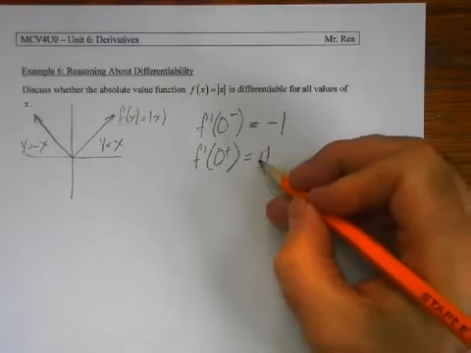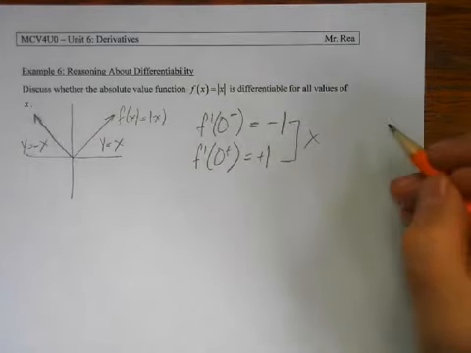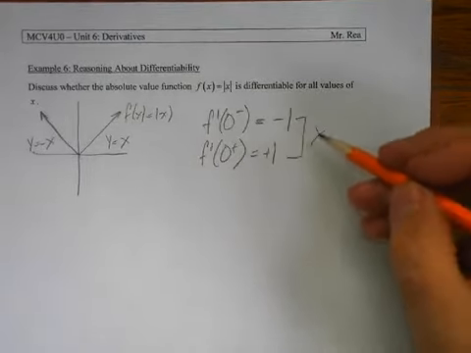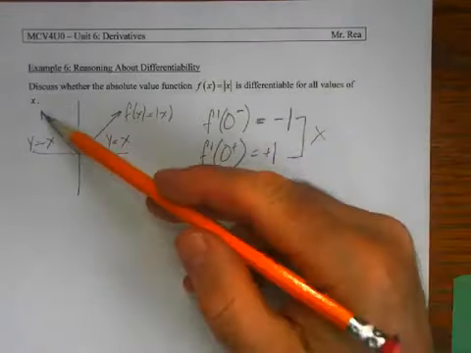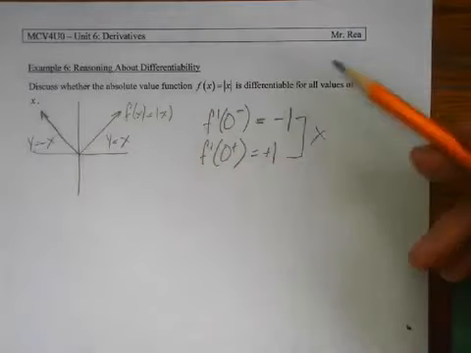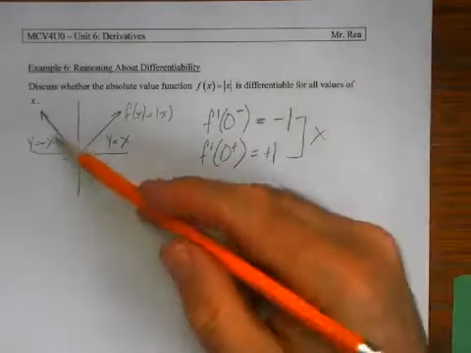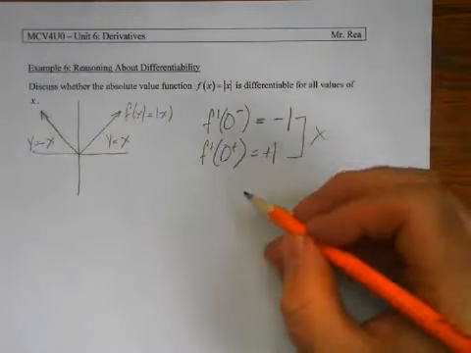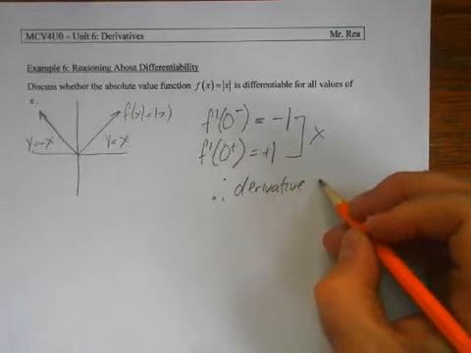So we're doing almost the same thing we did with limits, but it's not the same, because you would say the limit exists, but in this case the derivative does not exist because the derivatives aren't approaching the same value from both sides. So in this case, the derivative does not exist at x equals 0.